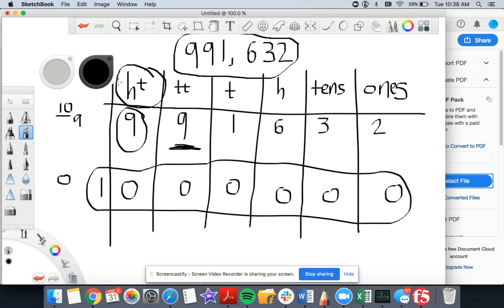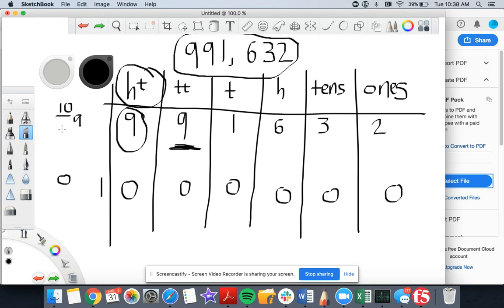Okay, got that? So a good general practice when it comes to rounding is always to look at a number line, right? To determine if numbers need to be rounded up or if numbers need to be rounded down. So a general practice, if the number that we're underlined, if it's 5 or bigger than 5, so if it's 5, 6, 7, 8, or 9, we need to round up.